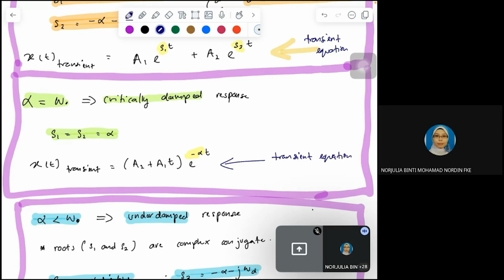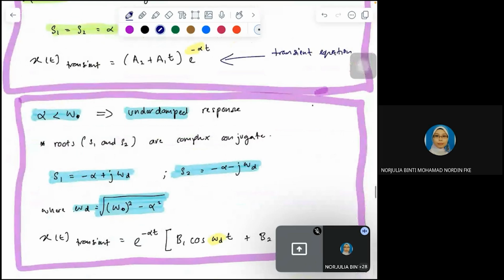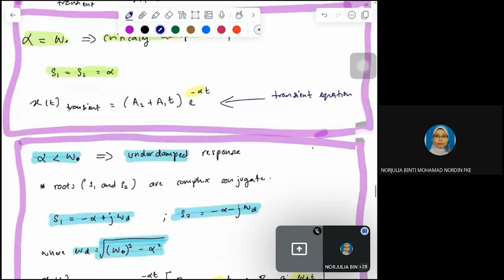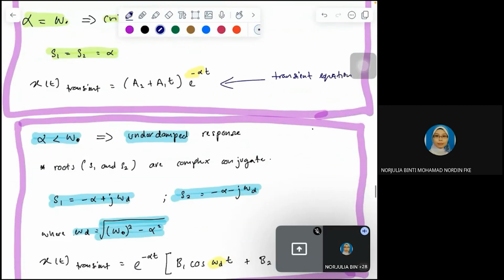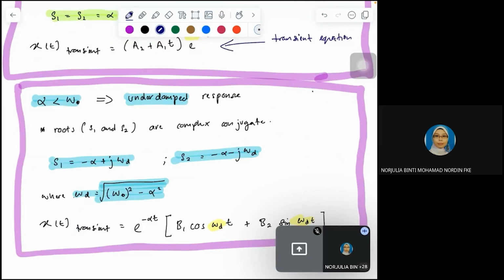And if your circuit falls under underdamped response, where your alpha is smaller than omega naught, your roots become complex conjugate roots.